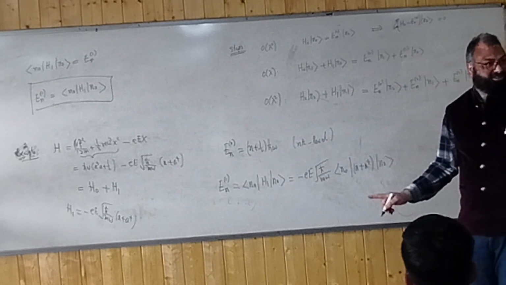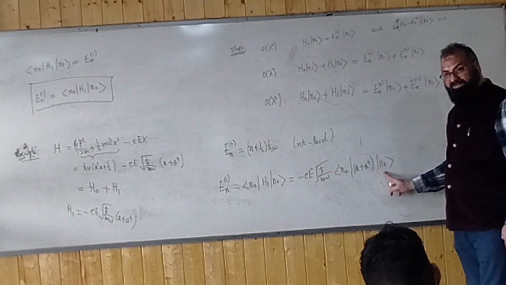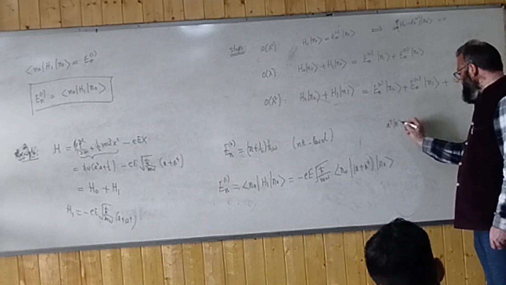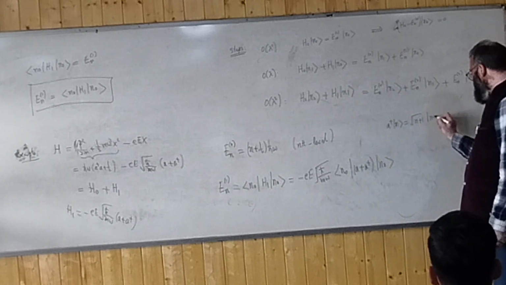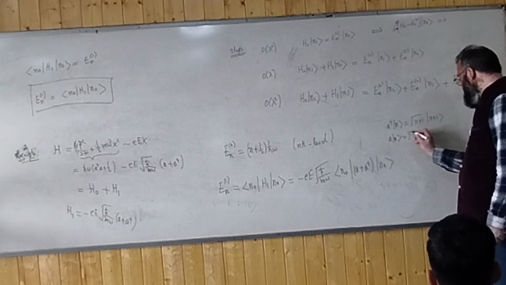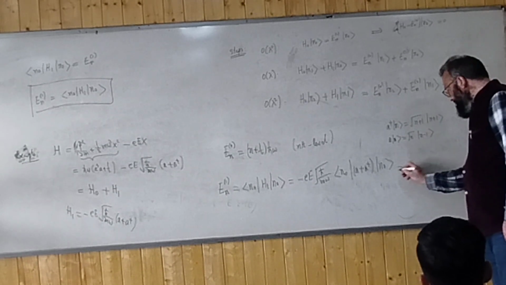Clear? Got it? Okay, so how does a dagger act on n0? For the harmonic oscillator, a dagger on n gives root of n plus 1 times the state n plus 1. And a acting on n gives root of n times the state n minus 1. So let's calculate it.